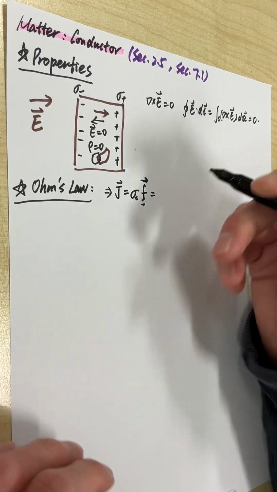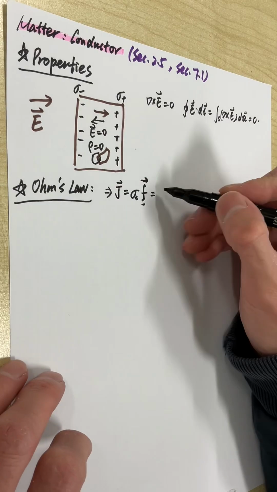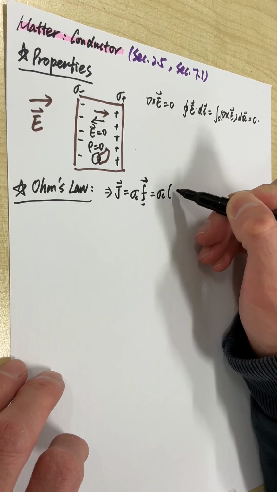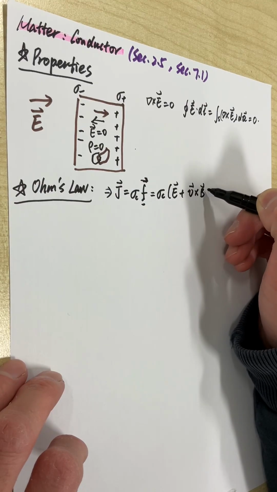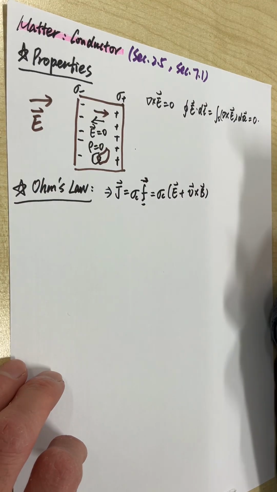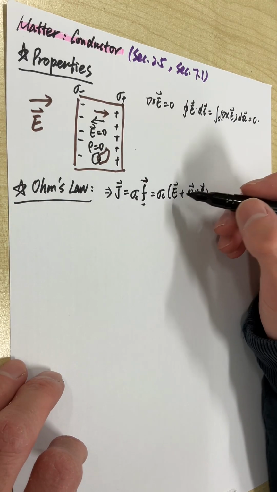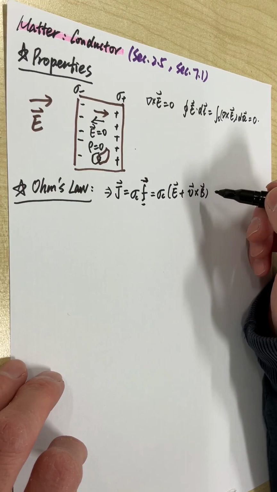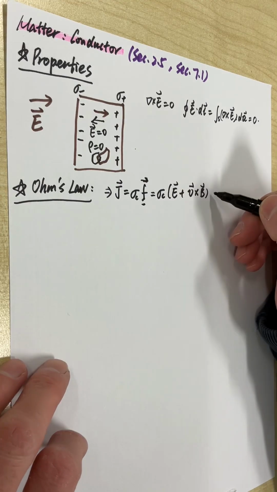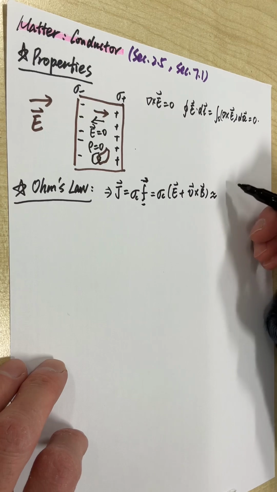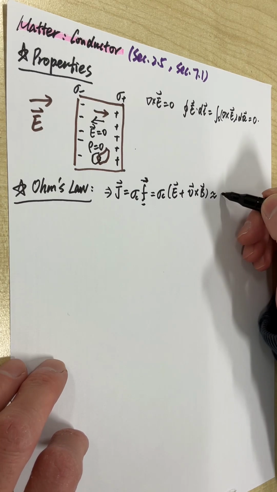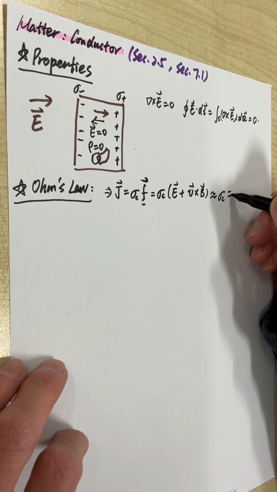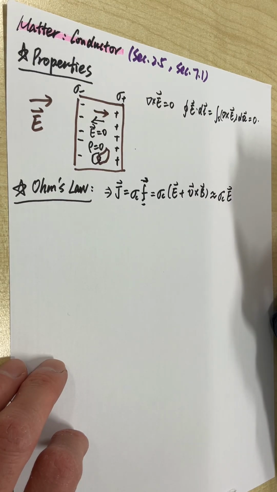If the force is from electric field and magnetic field, we have conductivity times electric field plus v cross B, the magnetic field. In reality, the electric field dominates. The magnetic field is really, really weak. So this approximates to conductivity times electric field.